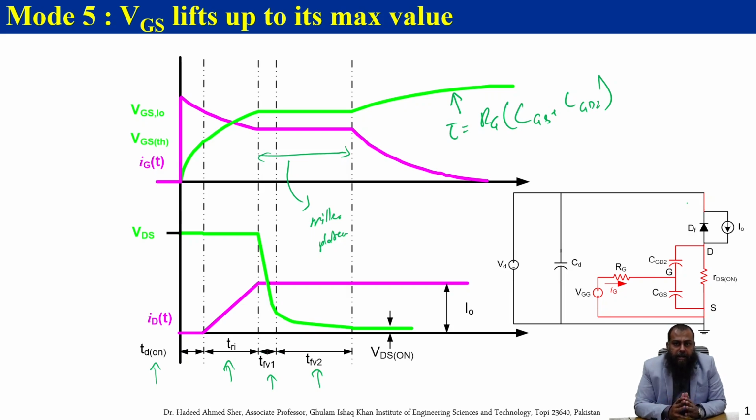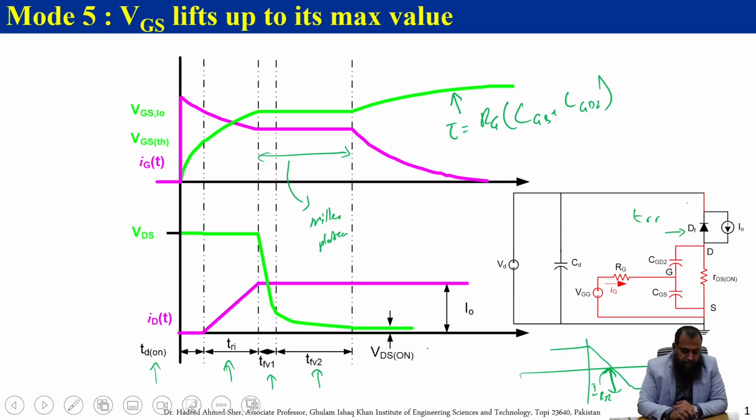In this particular example, we have assumed that the diode is an ideal diode, and therefore there is no reverse recovery time required for the turning off of this freewheeling diode. What if we have the freewheeling diode with some reverse recovery time? That reverse recovery time TRR, which is characterized by this area, and the peak reverse recovery current IRR, will also be reflected into this waveform, and that is shown in this next slide here.